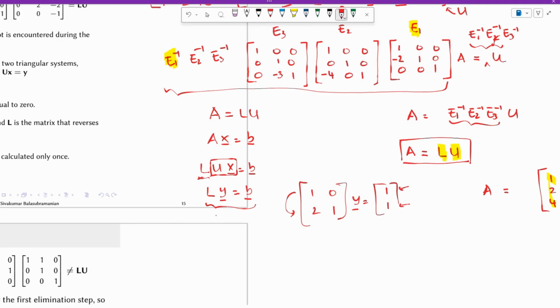So you are doing forward substitution. Once you solve for this, we know Ux is equal to y because that's what we've assumed it to be. Here you can solve for x now by back substitution. So again, we don't do any inverse. You do forward substitution and back substitution once you have the LU decomposition.